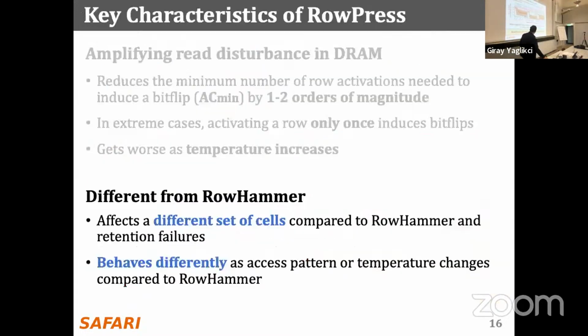Okay, so this is our takeaway. This is part of the proof of the difference between RowHammer and RowPress, because in RowHammer, if you remember from yesterday, it has a more complex relation with temperature. When you increase temperature, it doesn't necessarily mean that RowHammer will get worse all the time. But for RowPress, it's a more straightforward relation with temperature.